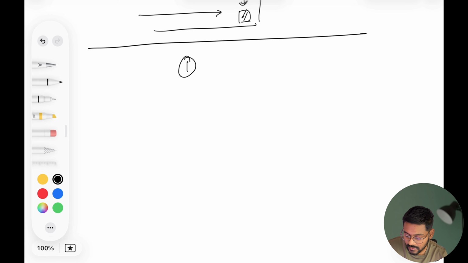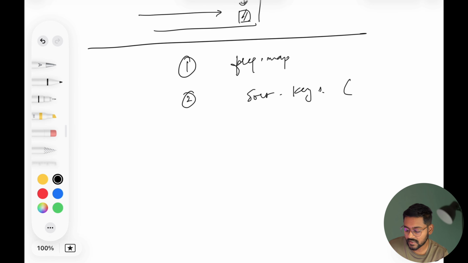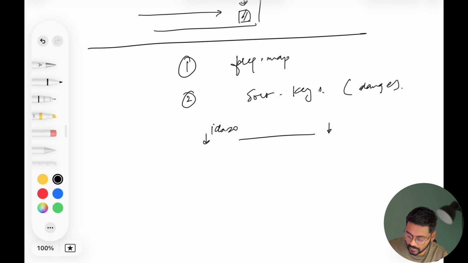First step is the frequency map. Second step is to sort the keys of that map, because keys are damage values. Once you have those damage values, you go from index 0 to index less than n.